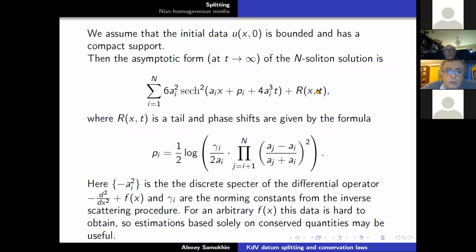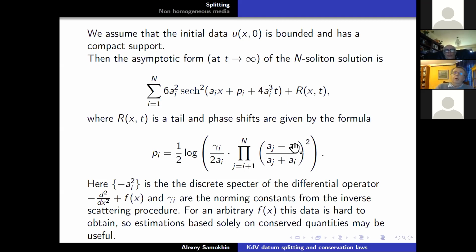Theoretically, it is known what the construction of this asymptotic form is. To obtain it, you have to have A's and shifts. In this formula, it is P's. These A's are a discrete spectrum of the differential operator shown here, and P's are calculated with this formula.